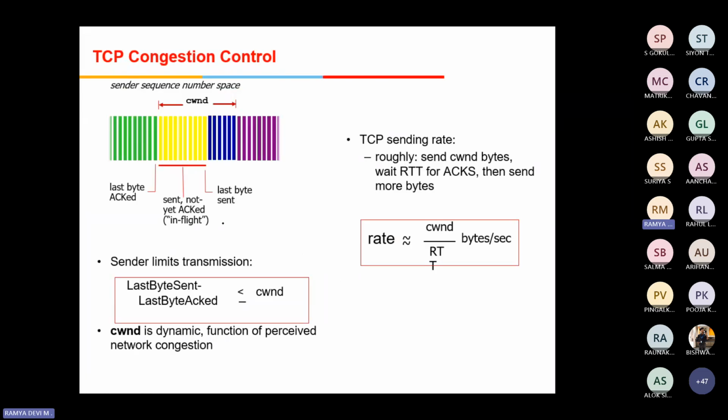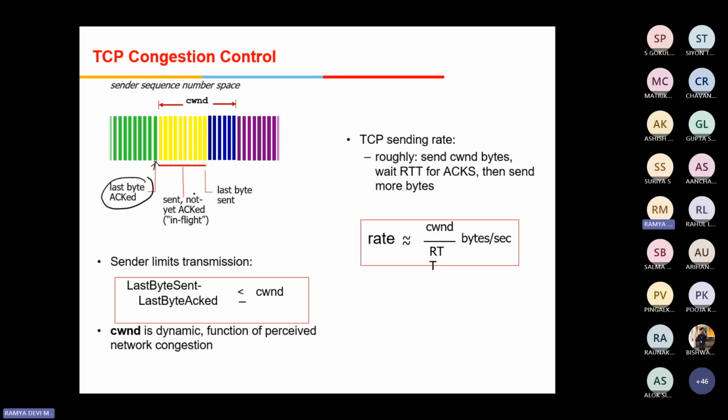So now we'll see how TCP regulates the data flow using the congestion window, that is CWND. This one represents the last byte acknowledged. So for the data that is received by the receiver, this confirmation is sent.